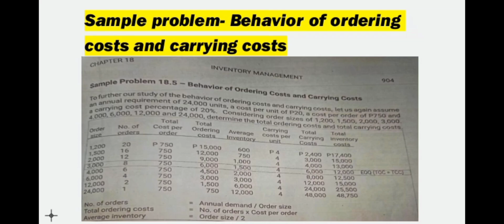Considering order sizes of 1,200, 1,500, 1,000, 3,000, 4,000, 6,000, 12,000, and 24,000, let's determine the total ordering cost and total carrying cost by using the formula below.